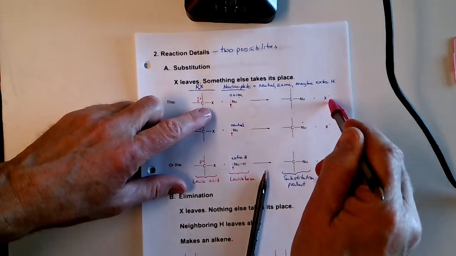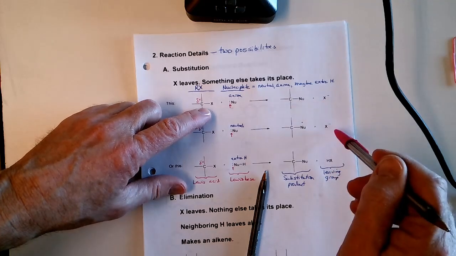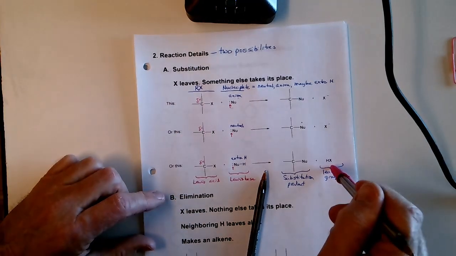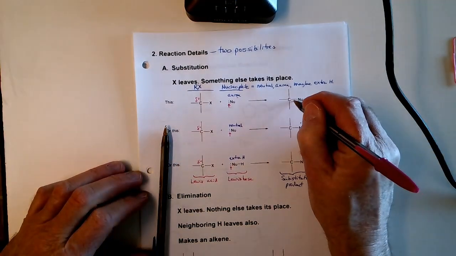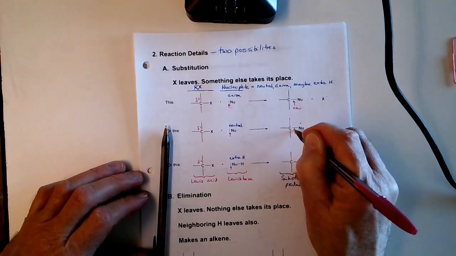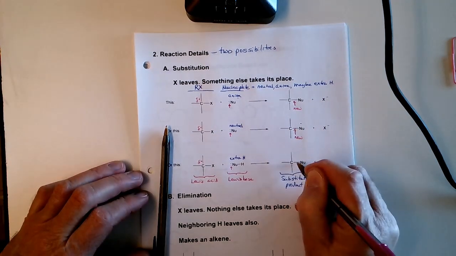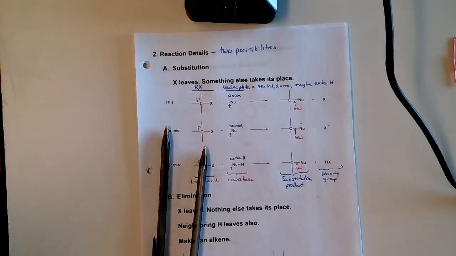And it has now fulfilled its purpose in life. It was put there to go away, and when you're all done, it's done gone. It may end up with the extra hydrogen as its partner, but what you will have for sure is now in place a new bond. That's the new bond to carbon, where the old bond used to be to a halogen.